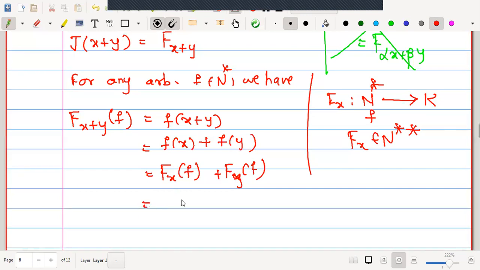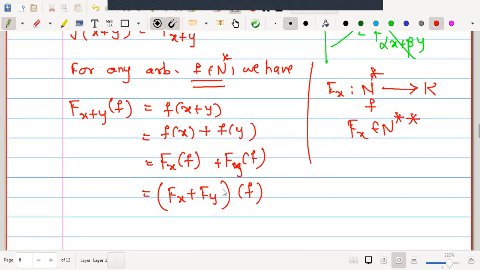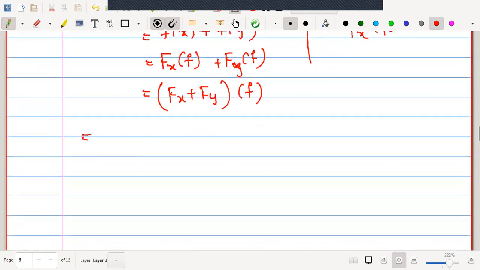And using pointwise operation, let us take fx plus fy in one bracket operated on f. Therefore, for an arbitrary f in N star, f of x plus y operated on f is fx plus fy of f. Therefore, I may write f of x plus y is equal to fx plus fy.